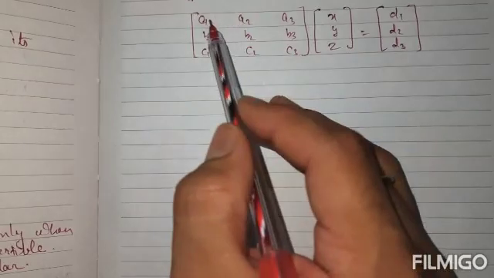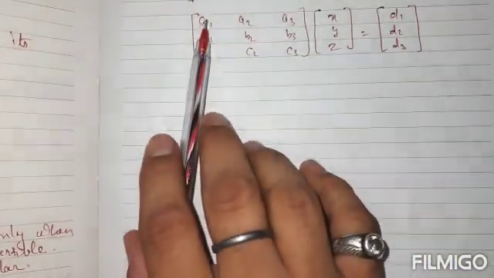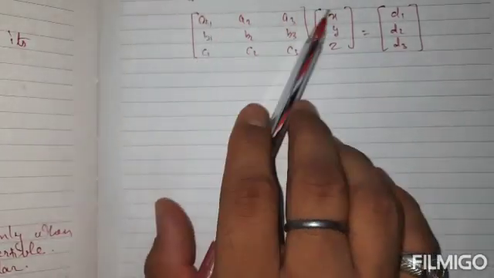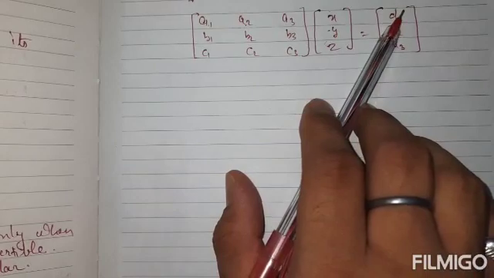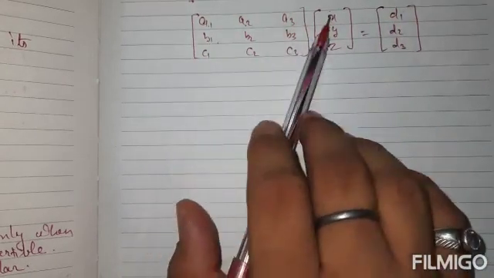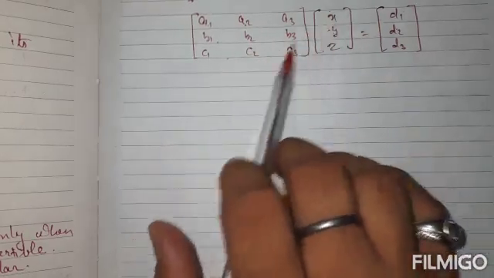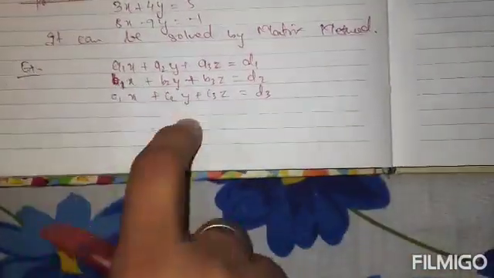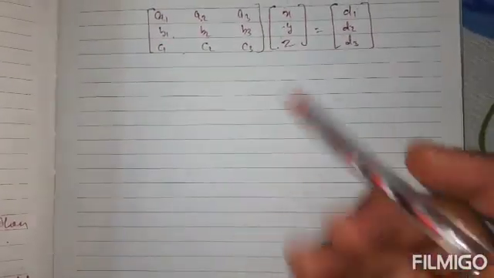You know that in matrix multiplication, if we multiply this, we get a1x plus a2y plus a3z is equal to d1, which is the first equation, b1x plus b2y plus b3z is equal to d2, and c1x plus c2y plus c3z is equal to d3. So the equivalent form of this system is this matrix equation.